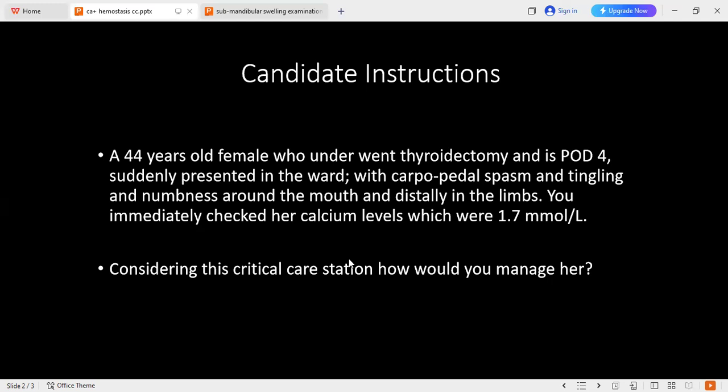Okay, what are other signs of hypocalcemia that you should know about? Two signs.